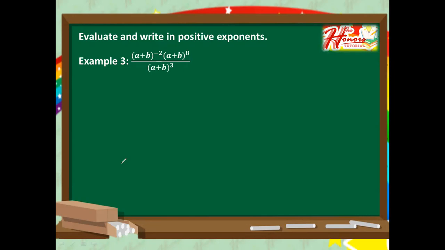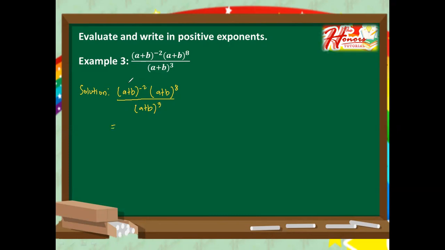And this is what you are going to do with that kind of example. Let's write solution first and then copy the given. That is the quantity of a plus b raised to negative 2 times the quantity of a plus b raised to 8 over the quantity of a plus b cubed.